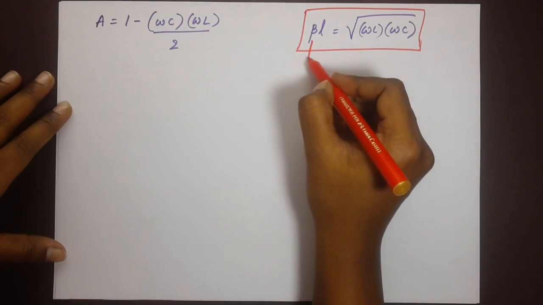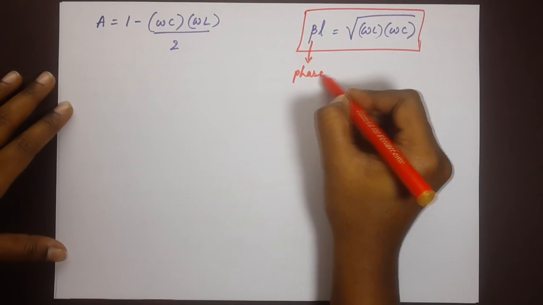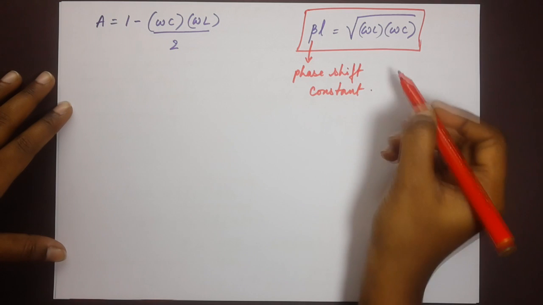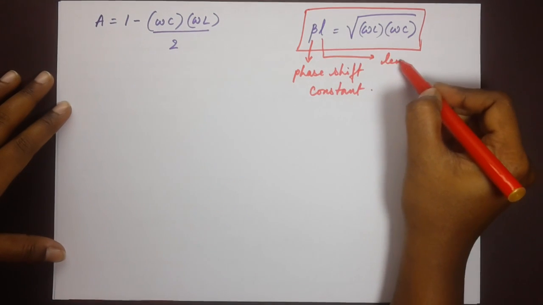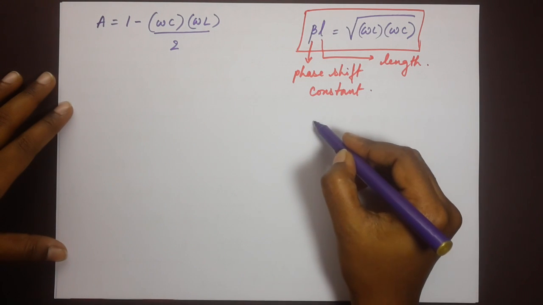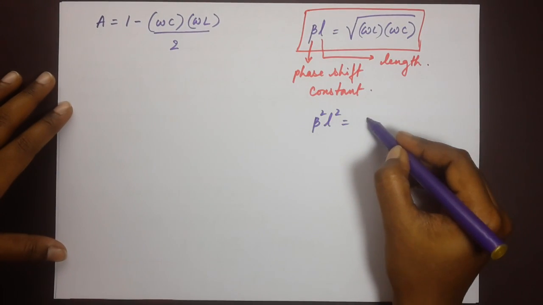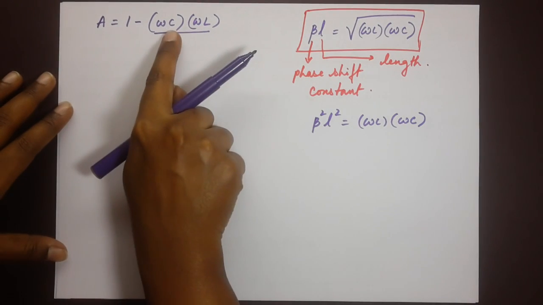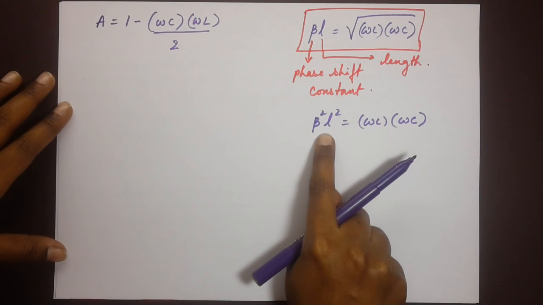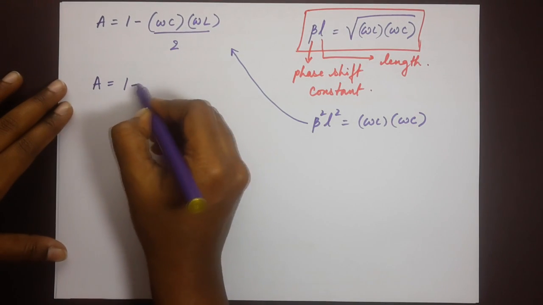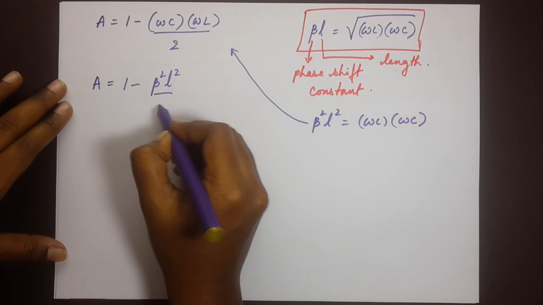Here beta is known as the phase shift constant and L is the length of the transmission line. If we square on both sides, we get beta square L square is equal to omega L into omega C. We can substitute it in terms of beta square and L square right here, and we would get A is equal to 1 minus beta square L square by 2.